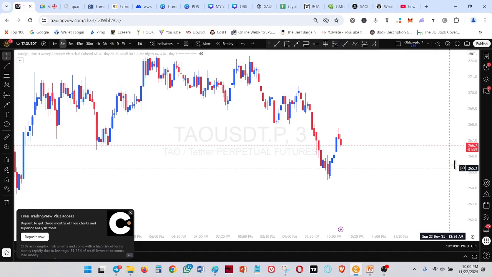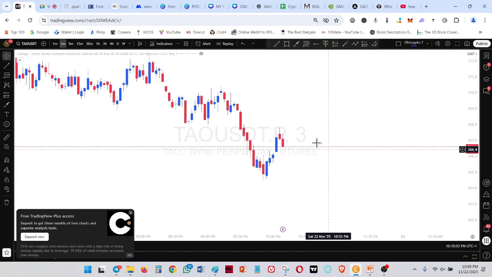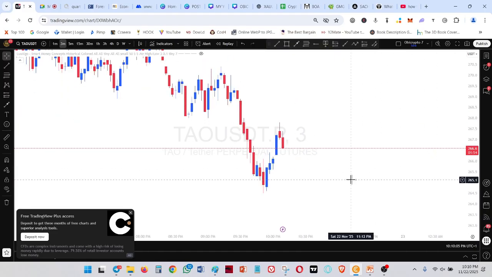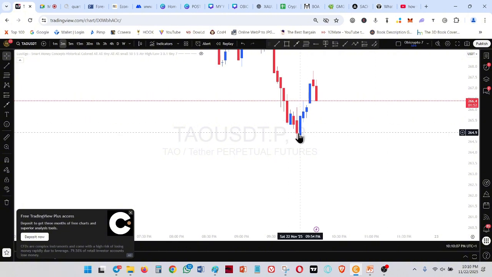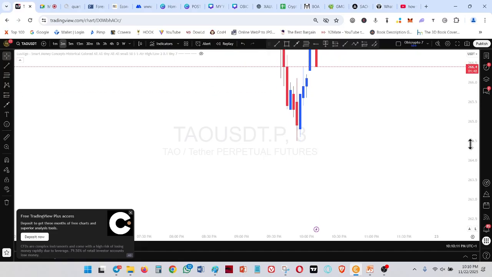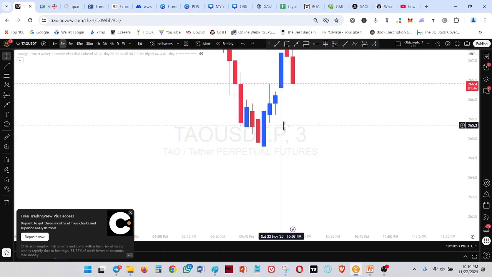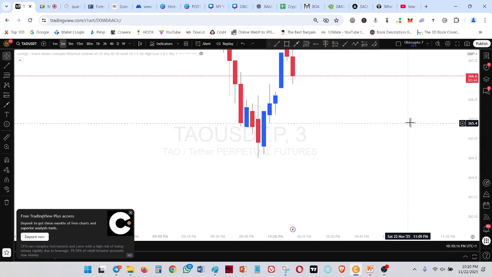Now, let's practicalize that very quickly. Look at this red candle and this blue candle. If we ignore the wicks, the ropes, and work with only the body, which of the two candles is bigger than the other?